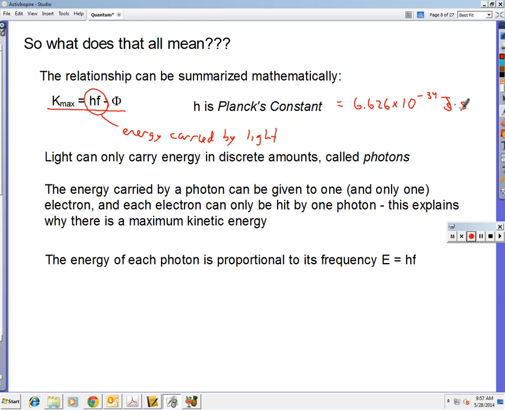Since each electron can only get one photon, no electron can get more energy than h times f. And this is important: the energy of each photon is proportional to its frequency, E equals hf. This is the interpretation of the photoelectric effect that got Einstein his Nobel Prize.